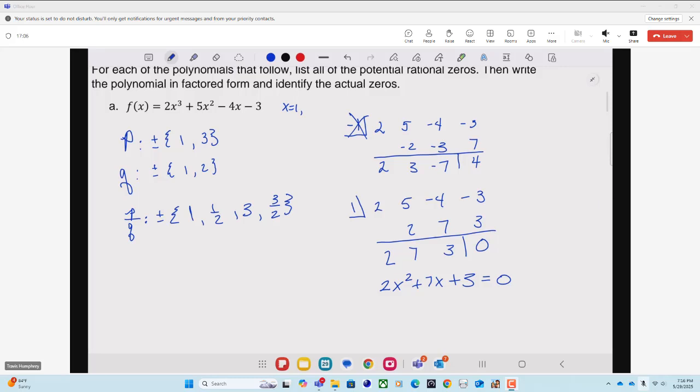And if they're imaginary, then we'll know that as well. Okay, so x equals -7 plus or minus the square root of 7 squared minus 4 times 2 times 3, all over 2 times 2.